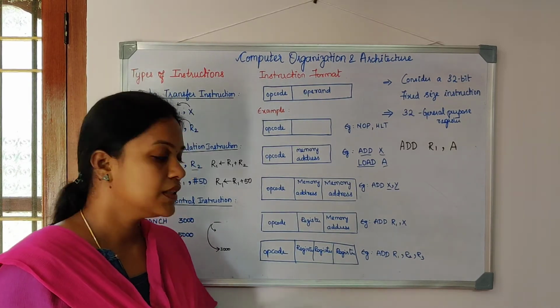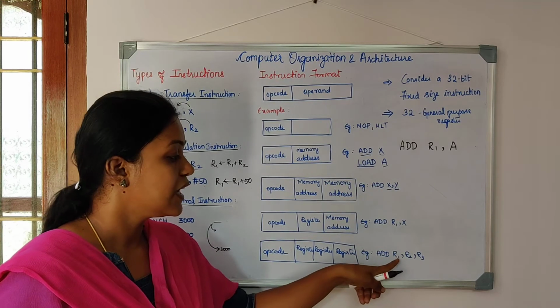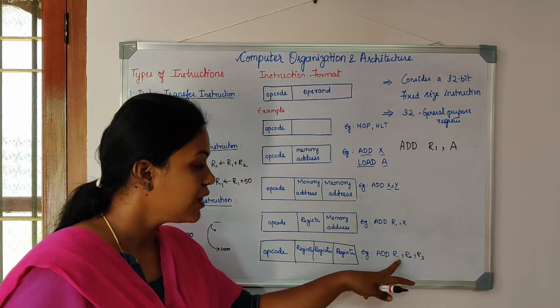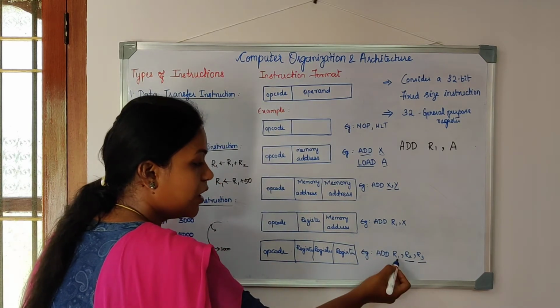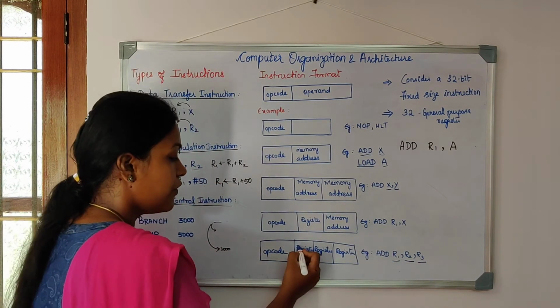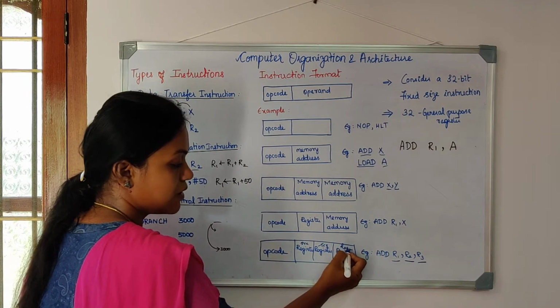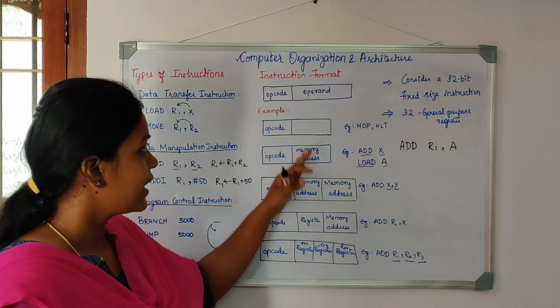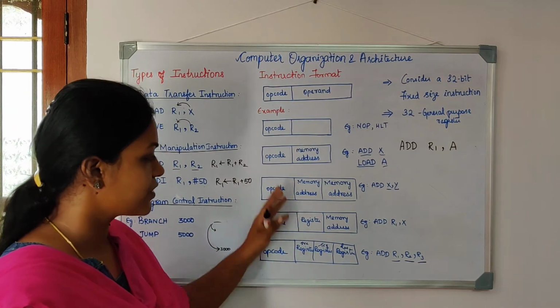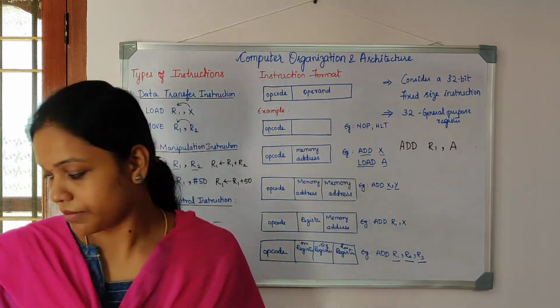The third type, and the last example, is the 3 address format, wherein all 3 are registers. So here 2 sources are available and 1 destination is available. So you have to specify the source register addresses and destination register address inside the instruction format itself. So these are the example instruction formats available for each kind of instruction.